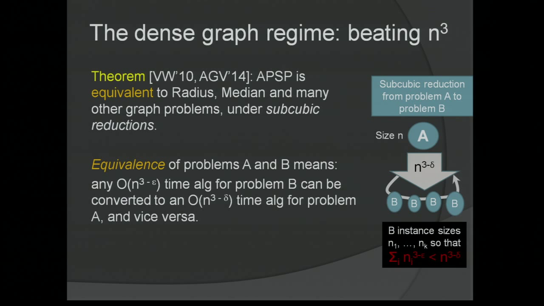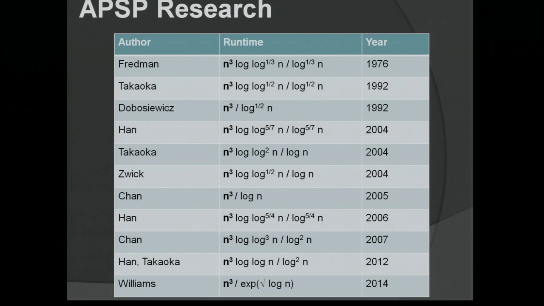Good. So all pair shortest paths is equivalent to radius and median for the purposes of this talk, and also eccentricities. Let me flash this slide again, just in case you weren't aware of the long research of all pair shortest paths. It has been a notoriously difficult problem to improve on n cubed.